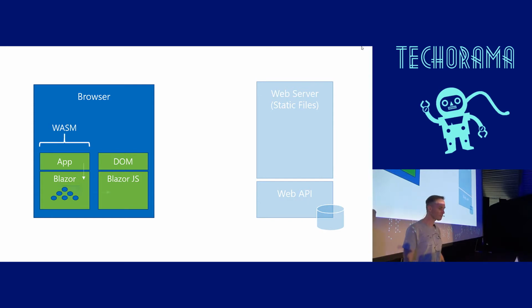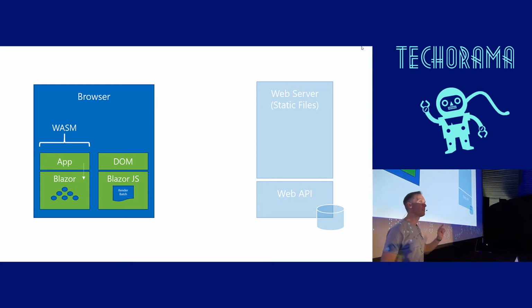This render tree is then turned into a so-called render batch. A render batch is essentially a collection of commands that the Blazor JavaScript part understands. It, for instance, contains commands like, hey, create a node of type paragraph and add it to the DOM in this and that position, to simplify it a lot.